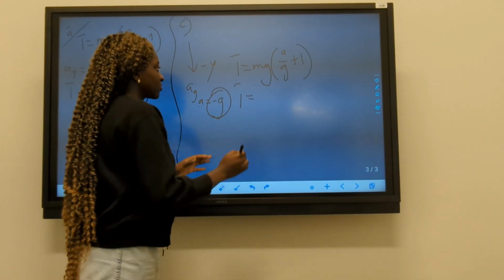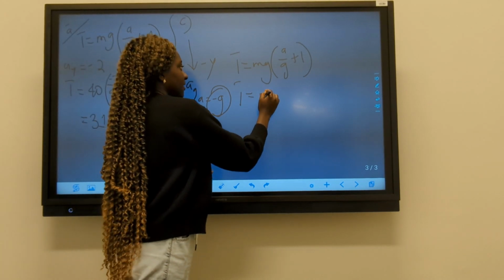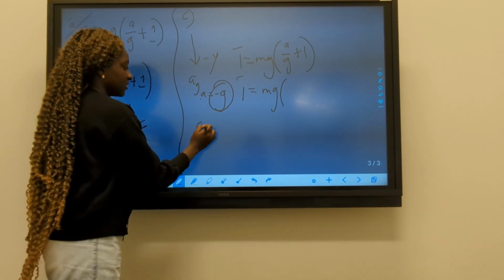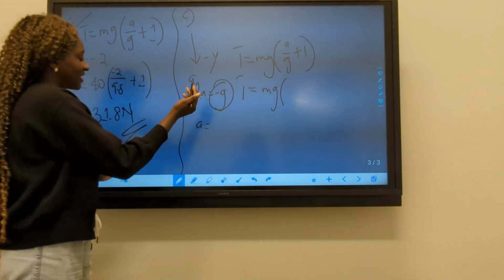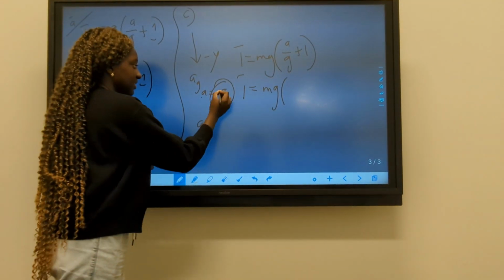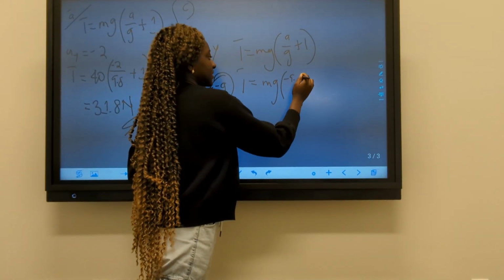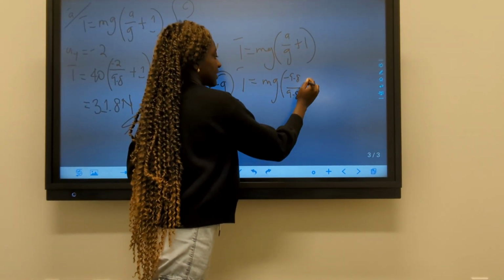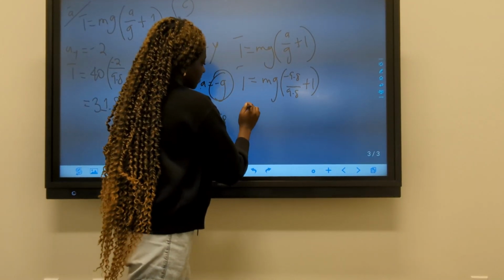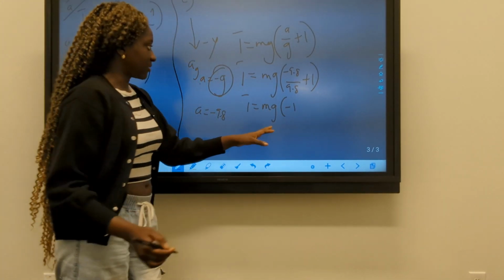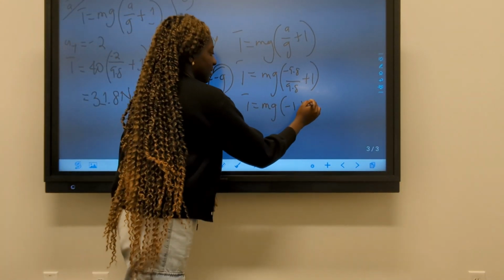Let me just show that to you. So we have mg, and our a is now negative gravity. Gravity is 9.8, so minus 9.8 over 9.8, plus 1. So T is mg times minus 1 plus 1.